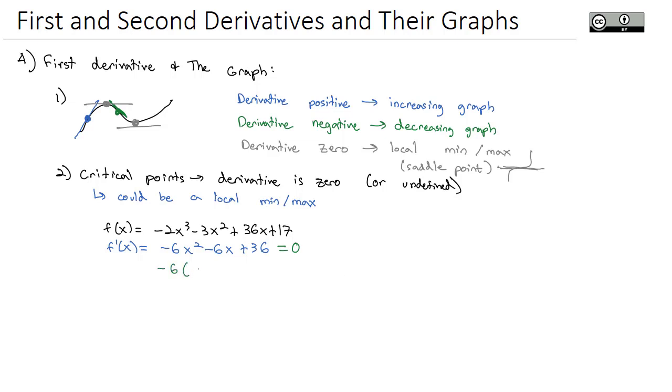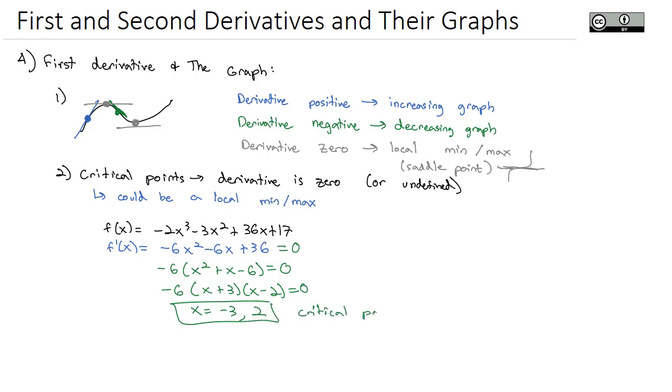First, I'll factor out the negative 6, giving us x squared plus x minus 6. And then it's going to be x plus 3 times x minus 2, which means we can see our critical points are when x equals negative 3 and 2. Those are our critical points. Those are the values for where we might have a minimum or a maximum.